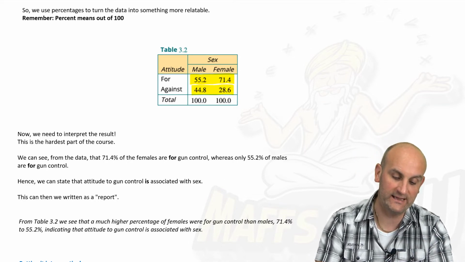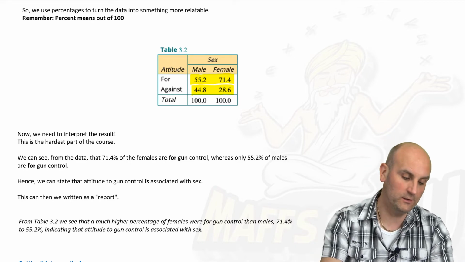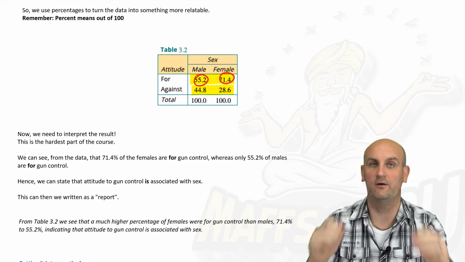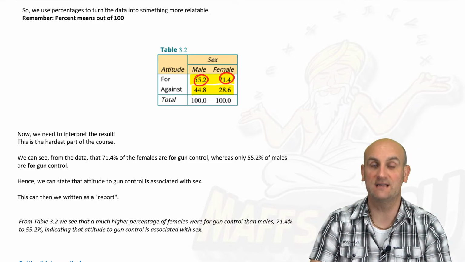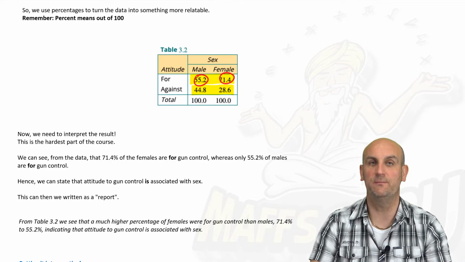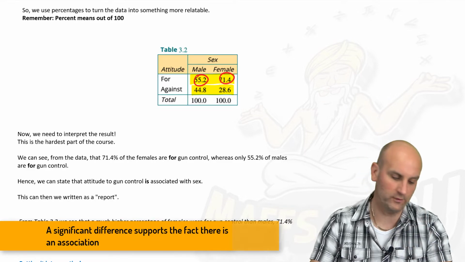Likewise, if we looked at the against, 44.8 and 28.6. Well, I don't know about you, I reckon 55 and 71 is significantly far apart, and so now I can state from that table that there is a relationship between sex and attitudes for gun control.